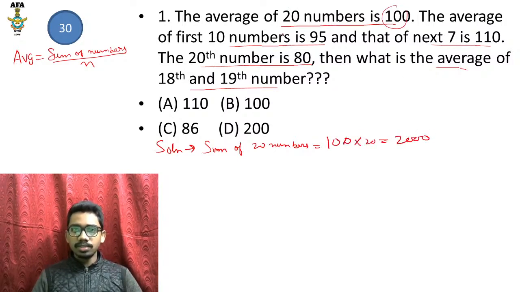Sum of 20 numbers is 2000. Average of first 10 numbers is 95. Sum of 10 numbers is how much? 95 into 10, that is equals to 950. Then that of next 7 numbers is 110.